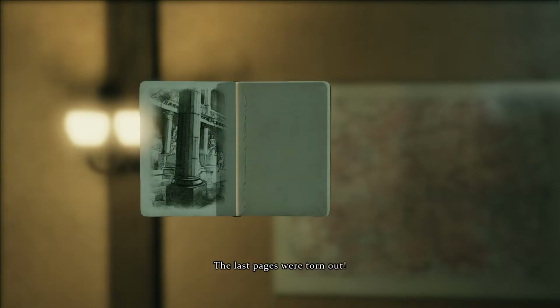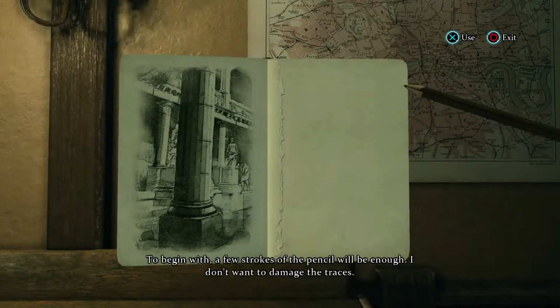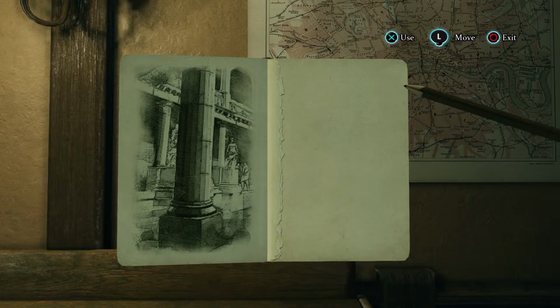The last pages were torn out. We must find a way of retrieving Sir Rodney's last lines. Watson, please prevent anyone from entering the room. But first, fetch me a pencil. To begin with, a few strokes of the pencil will be enough. I don't want to damage the traces.